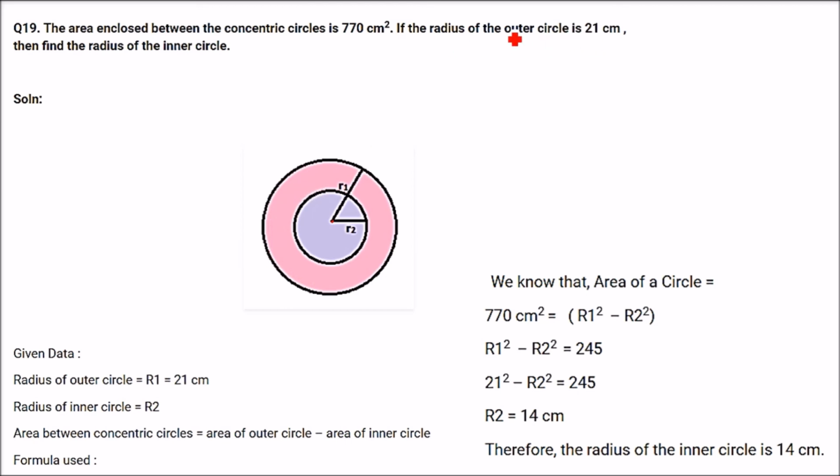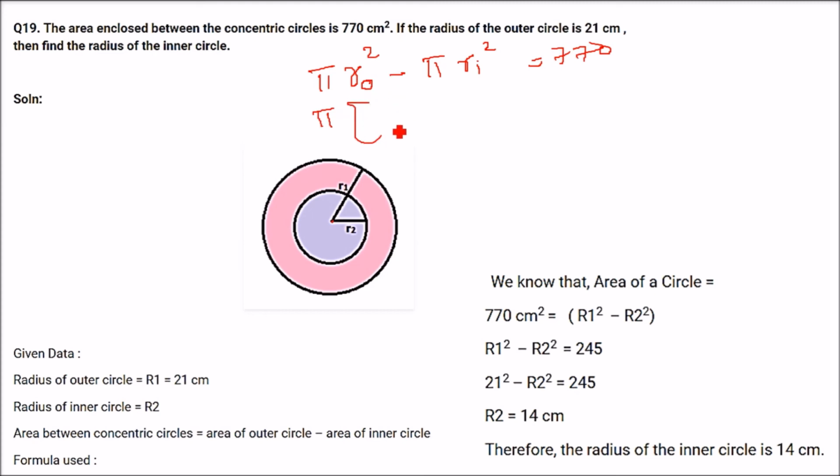So we find the area of the outer circle, that is pi r outer square, and subtract the inner area, pi r inner square, to get the area of this pink region, that is 770.